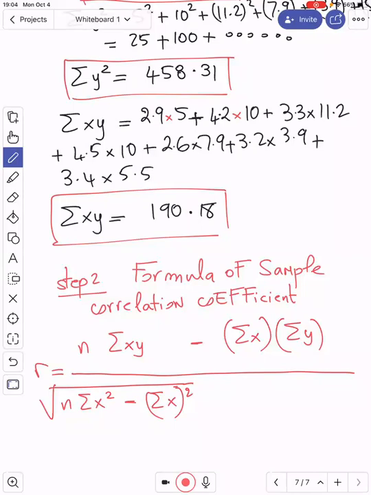Times another square root with the Y's: N times the sum of the Y squared minus the square of the sum of the Y's.